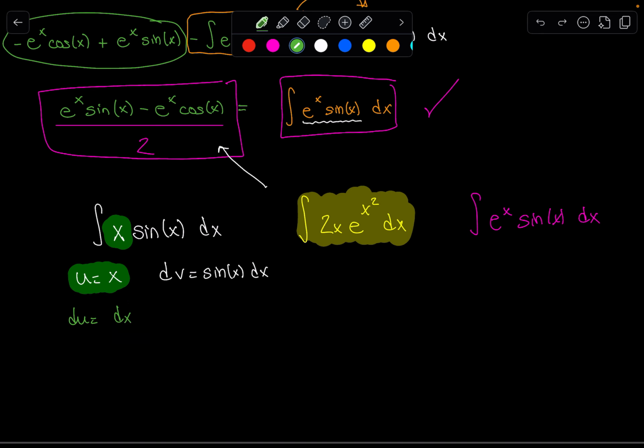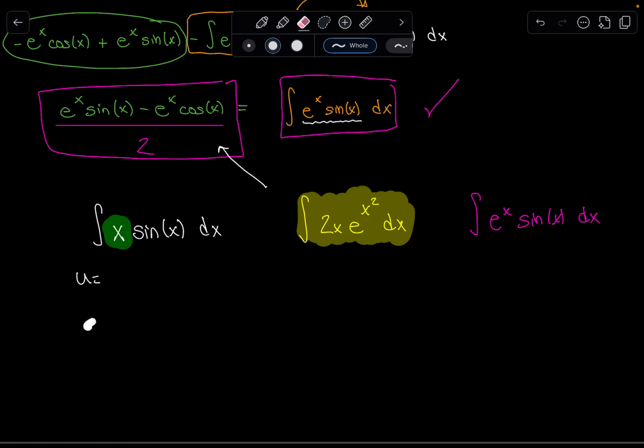And so if I had picked the wrong way, and by wrong way, I simply mean if I had said, let's let u be equal to sine of x, and let's let my dv be equal to x dx, then on the right-hand side, we're going to get v equal to x squared over 2.